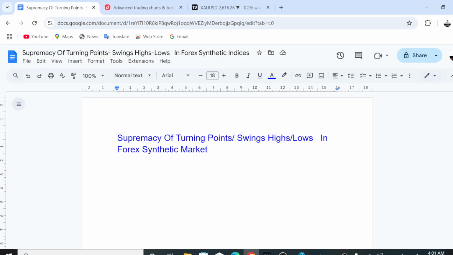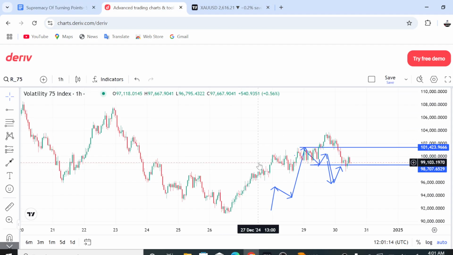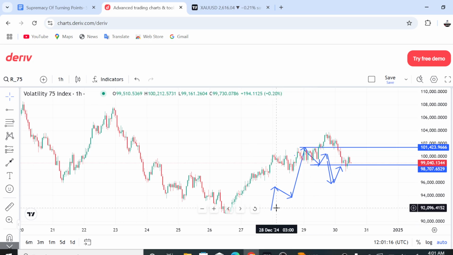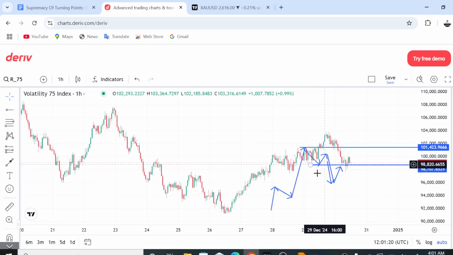Okay, so the supremacy of turning points on swing highs and lows is very important, because if you decide to disobey this supremacy, what it means is that when this low creates, you will be tempted to buy, thinking that the uptrend is still holding. And when you buy, the market can do two things.